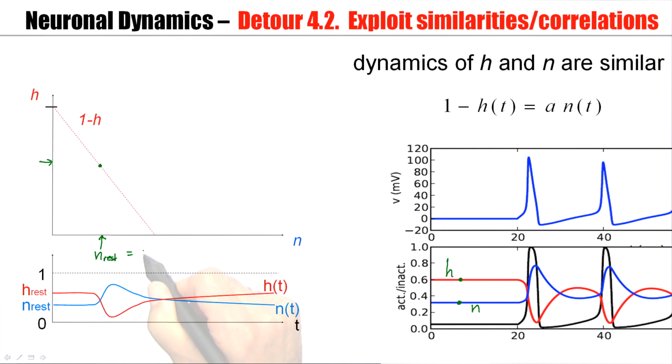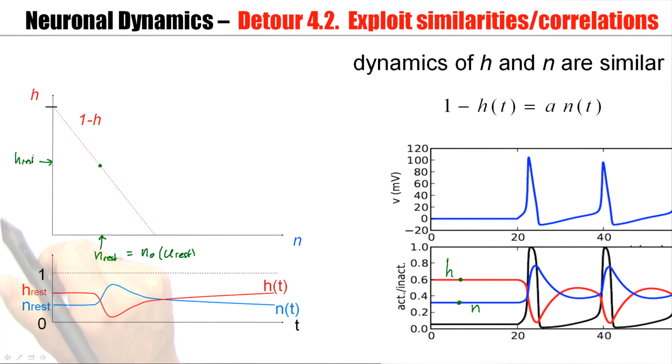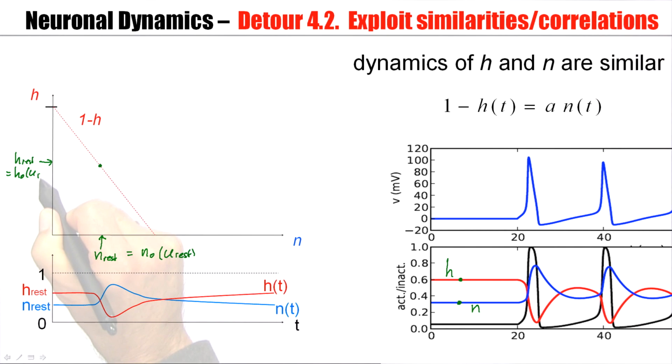More precisely, it's N0 evaluated at U rest. Here is H rest. More precisely, it's H0 evaluated at the resting potential. Now this is one combination of N and H.